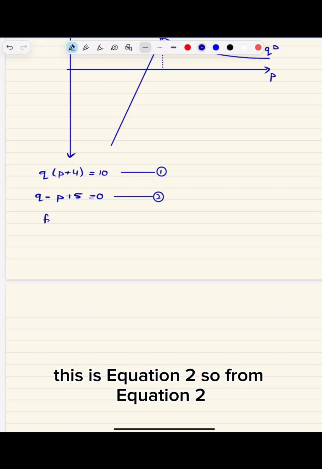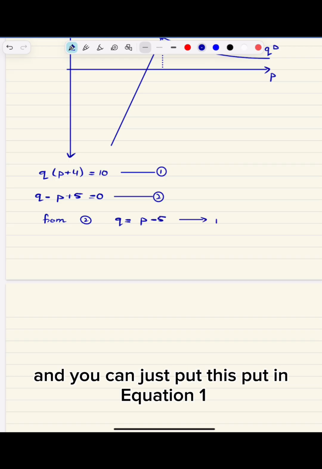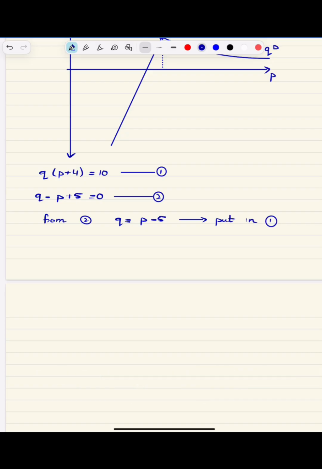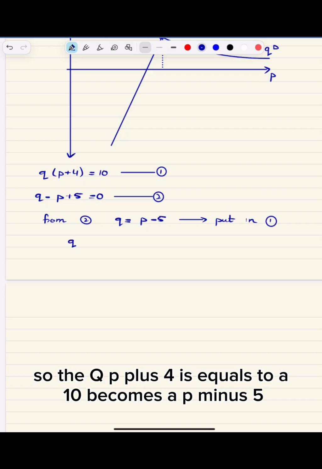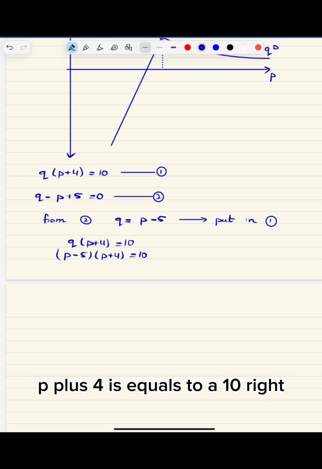So from equation 2 we can see that q is equal to p minus 5, and you can just put that in equation 1. So q(p plus 4) is equal to 10 becomes (p minus 5)(p plus 4) is equal to 10, right?